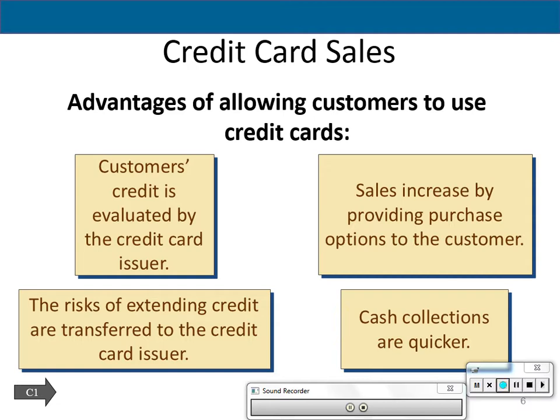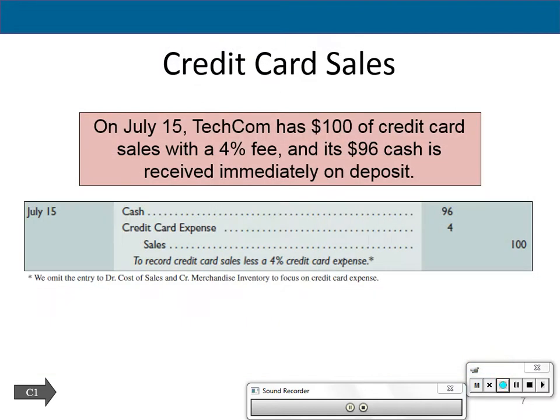It says sales increase by providing purchase options to the customers. Obviously, if you're doing credit card sales, that gives the customers more options than paying by cash or check. And then cash collections are a lot quicker with credit card sales. So here's an example. On July 15th, TechCom had $100 of credit card sales with a 4% fee. So that means the credit card issuer is charging them 4% just to process that $100 of credit card sales for them.